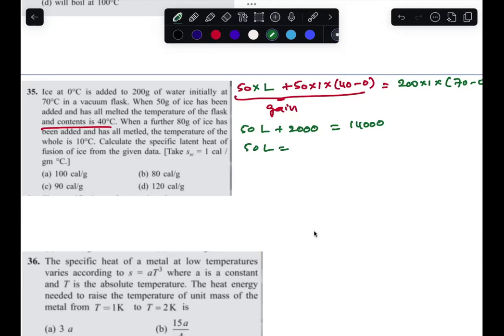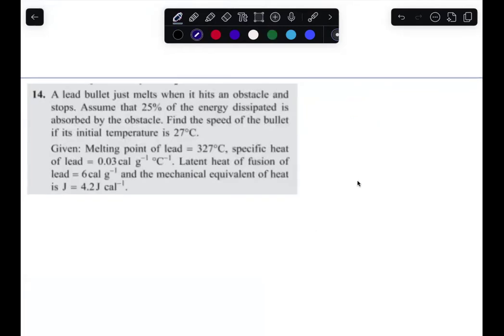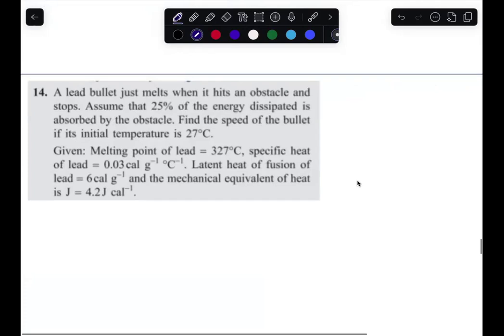14th question in this. See, in this part, a lead bullet just melts when it hits an obstacle and stops. Assume that 25% of the energy dissipated is absorbed by the obstacle. Find the speed of the bullet if the initial temperature is 27, melting point 327.